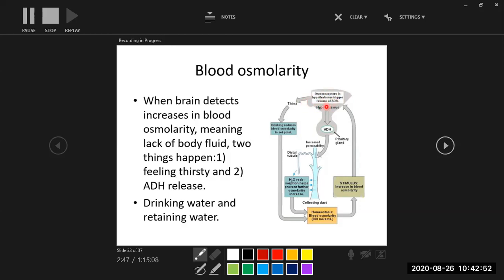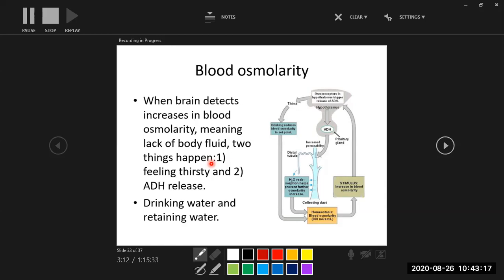In a way, it's like you are pushed to drink water. That way we can retain more water in the body and reduce that thick blood condition, to make the osmolarity become normal.